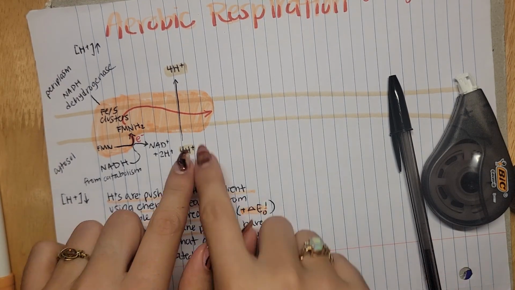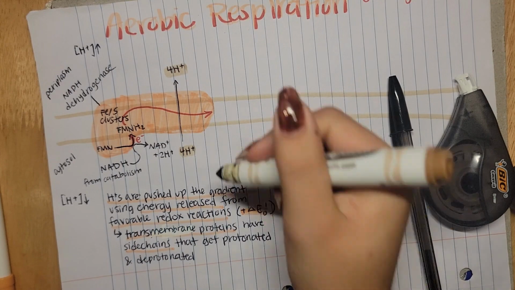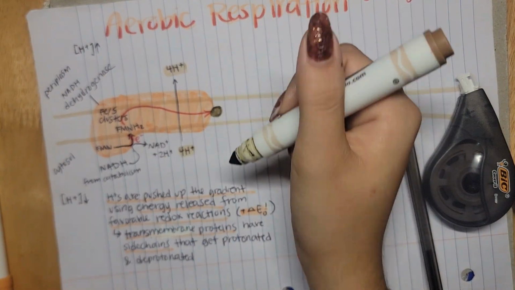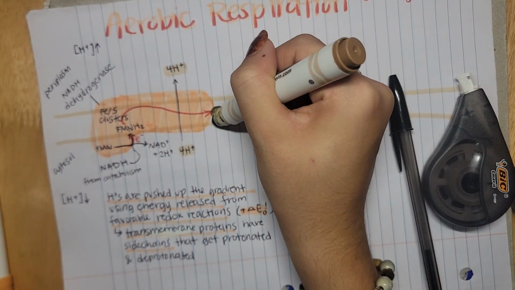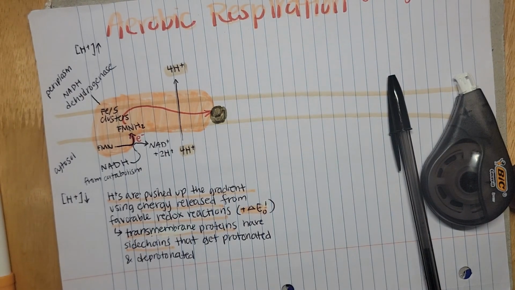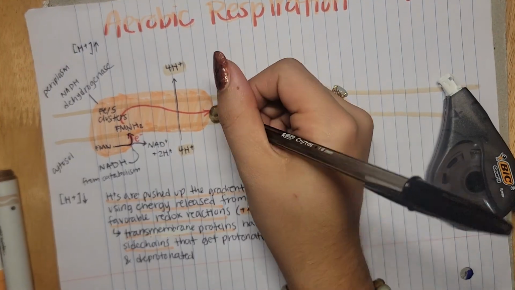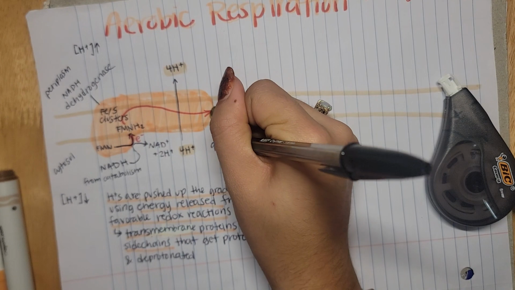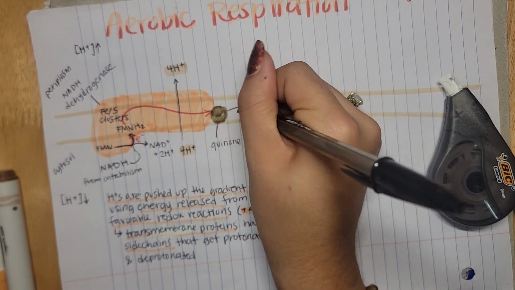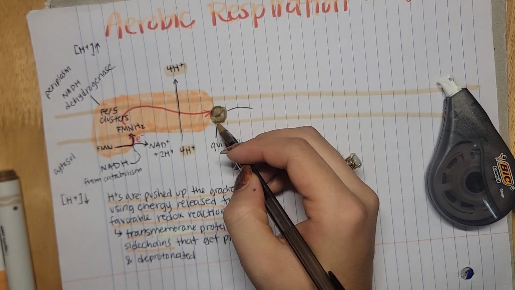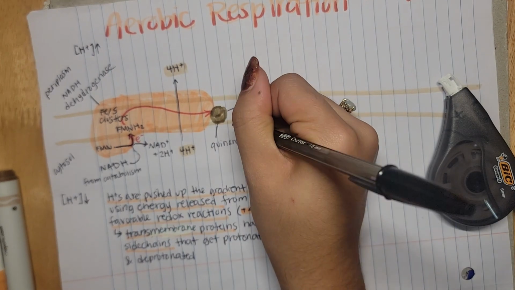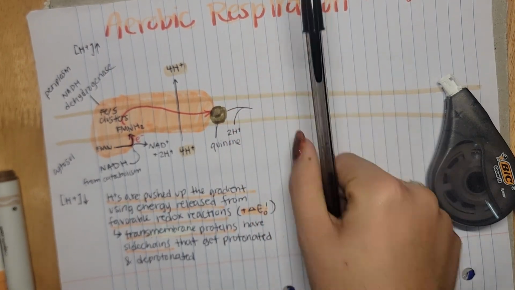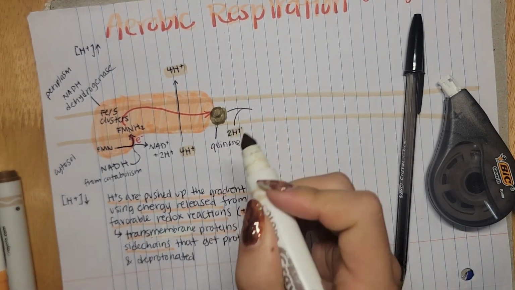Okay, so our electrons are now here, and what we're going to do is we're going to reduce a molecule that's actually closer to the cytosol side of the membrane, called quinone. And so if we're reducing it, that means we are adding electrons, so we're also going to need protons. So there's 2 protons involved here. We'll highlight those as well.